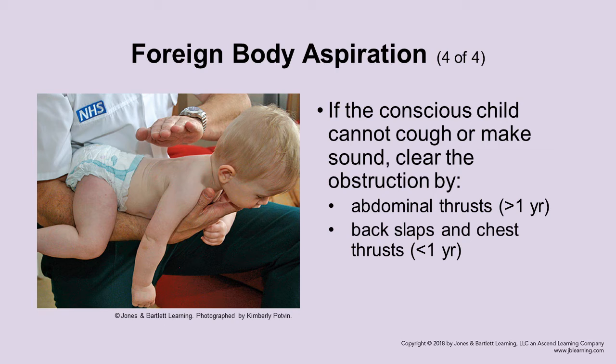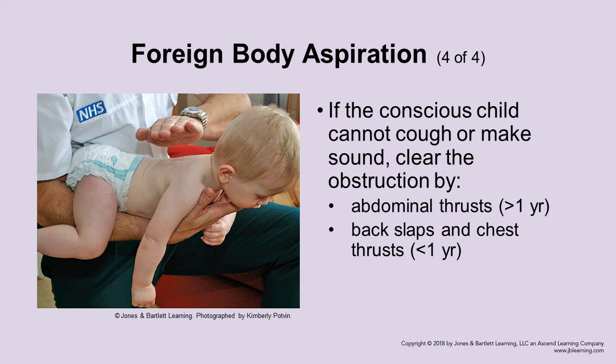In an older child greater than 1 year of age, you can perform abdominal thrusts, not pictured here. This is similar to the Heimlich maneuver, where you perform a large positive force by thrusting your fist in a closed fist fashion over a child's abdomen, thereby hoping to dislodge the obstructing object.